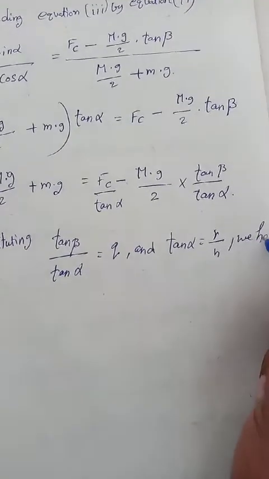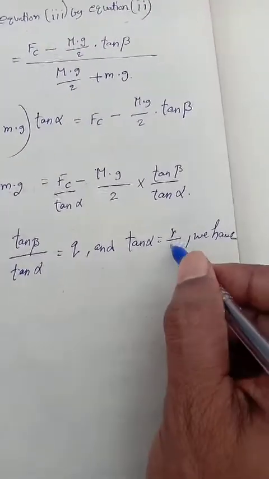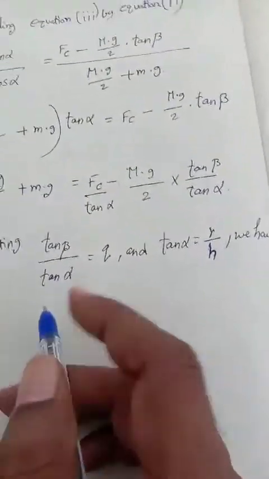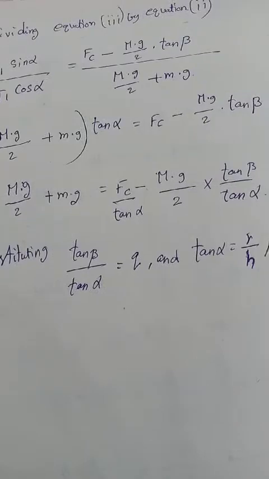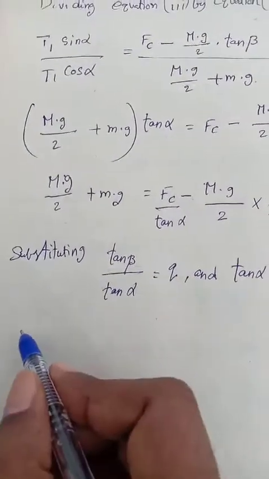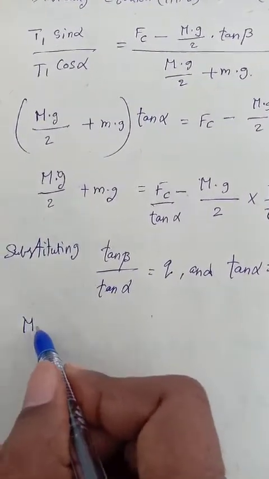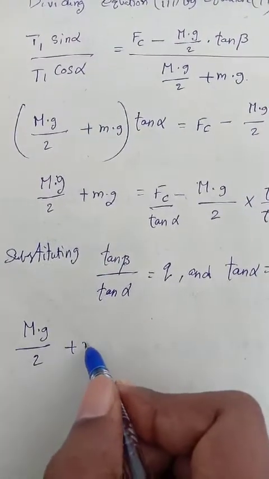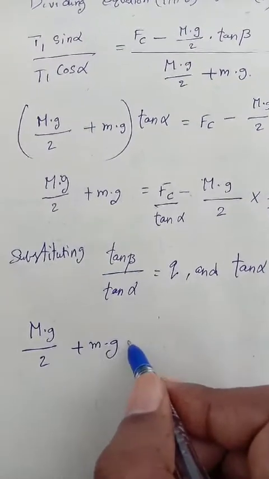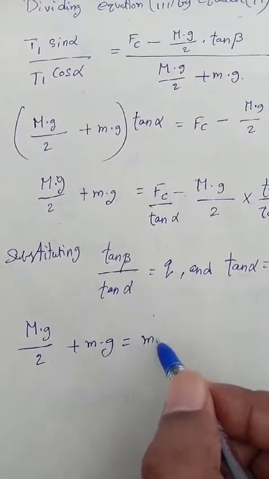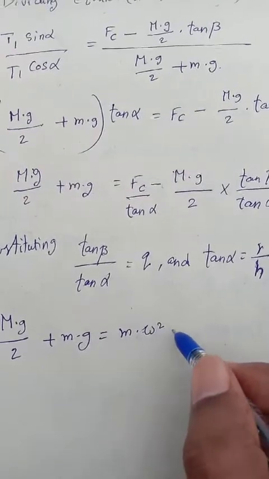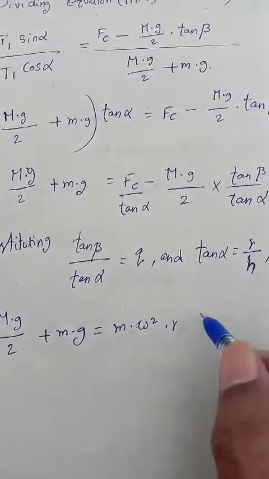So we have capital M by G 2 plus M into G, that is equal to M into omega square into R, Fc.